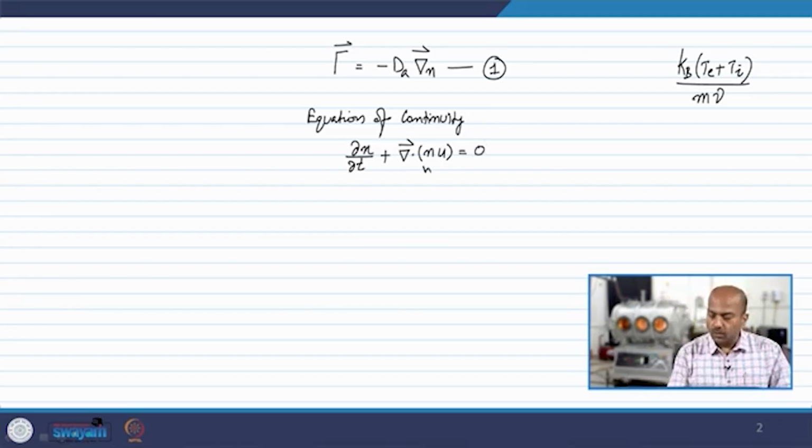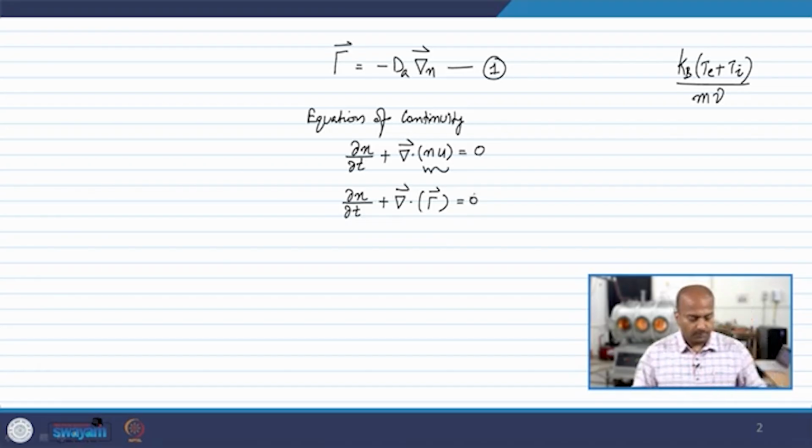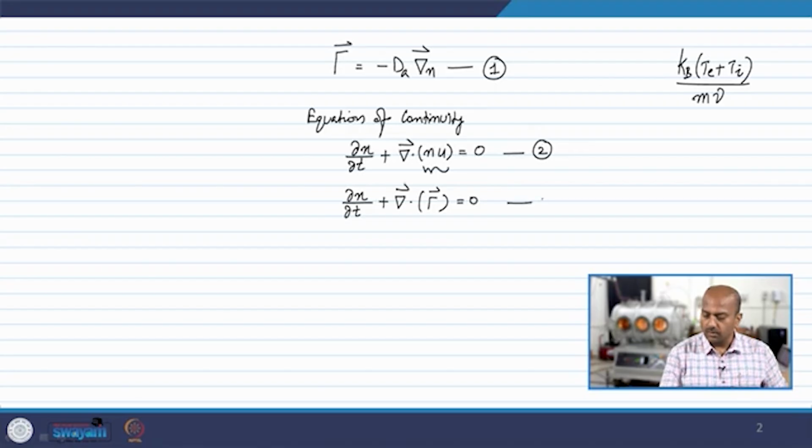So, this nu is actually the flux. So, we can rewrite this equation as dou n by dou t plus del dot gamma is equal to 0. Let us call this equation number 2 and this equation number 3.